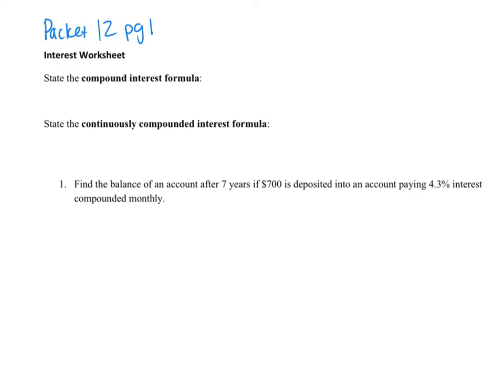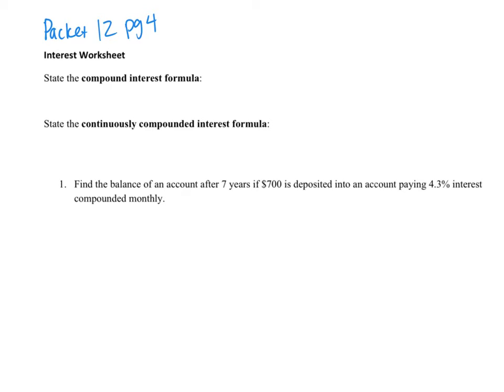All right, so this is packet 12, page, oops, my bad, this is actually page 4. In this page, we're going to talk about how you calculate these interests when you make investments. Let's write in the formulas first.